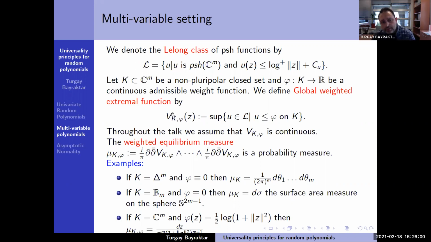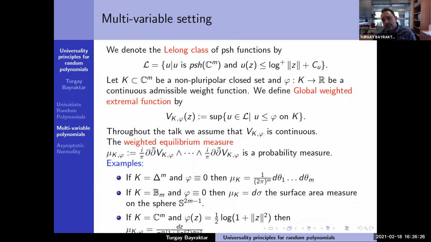This is called the global weighted extremal function. That is the upper envelope of all Lelong class plurisubharmonic functions that are dominated by the continuous weight function phi on K. So this is going to be our potential in this case. If we were in dimension 1, this would be precisely the same function V_{K,phi} we defined earlier, and the Laplacian of this would be precisely our measure.